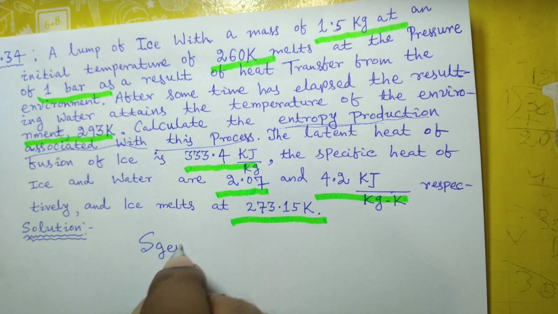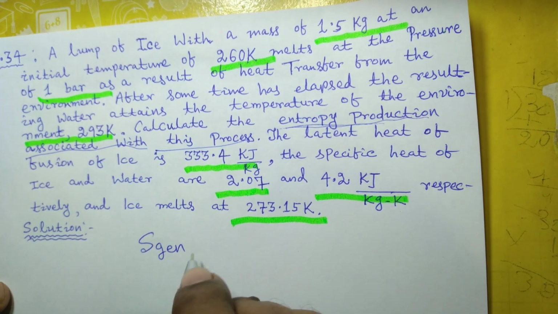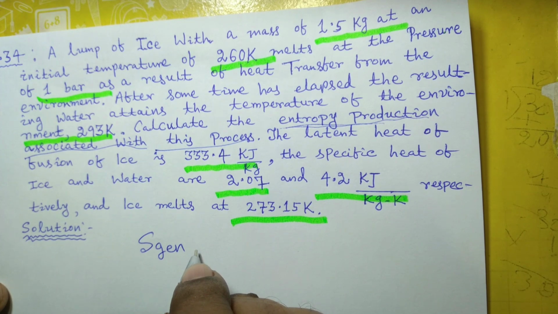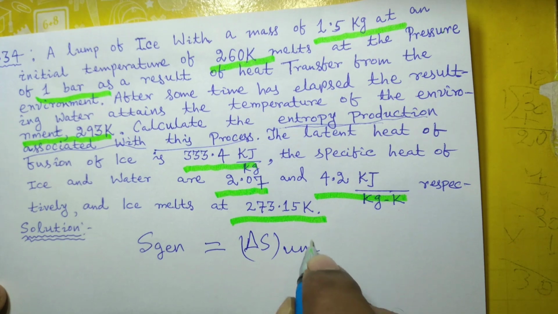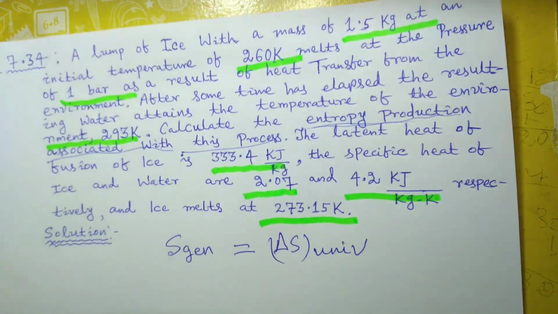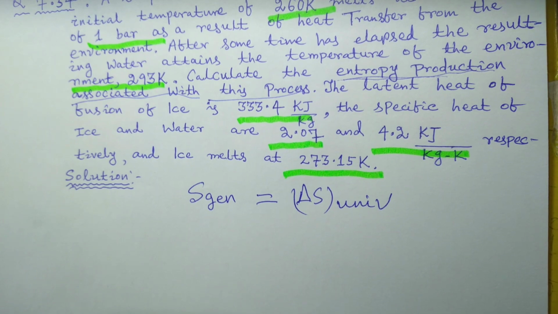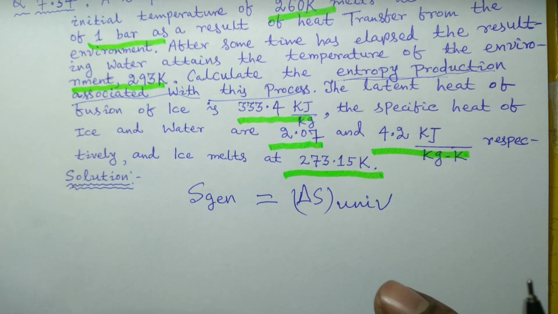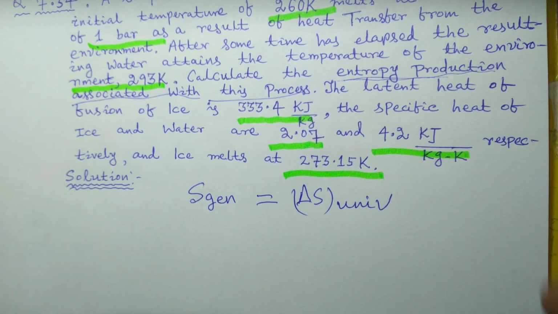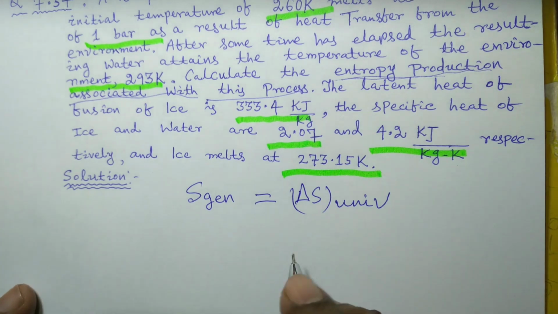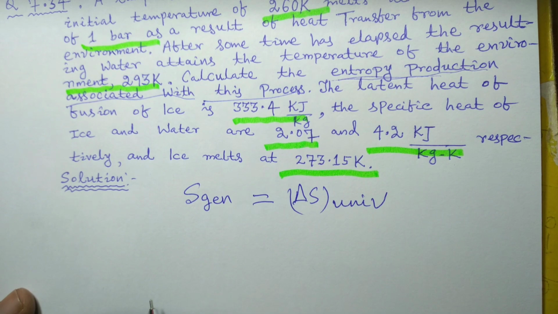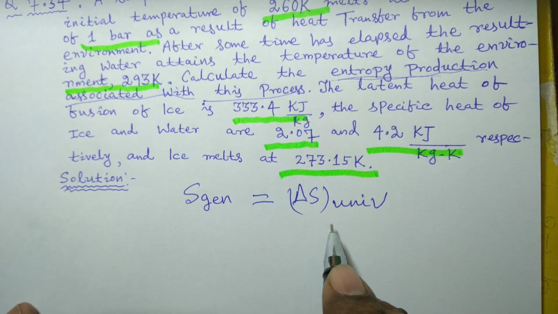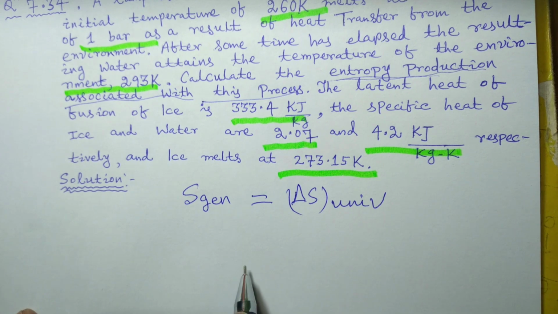Entropy generation is the total amount of entropy that is generated during this process, and it is always equal to delta S of universe. Universe here does not mean the entire universe; it consists of the system, that is the ice, and its immediate surroundings, and that system along with its immediate surroundings constitutes an isolated system, and that composite isolated system is considered as universe.